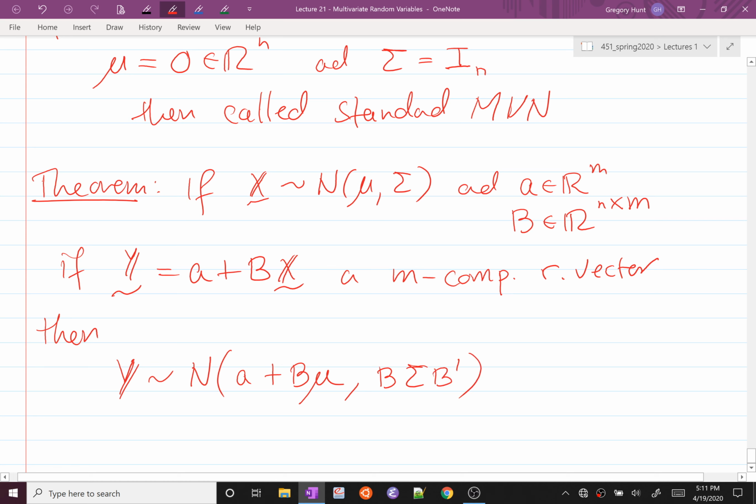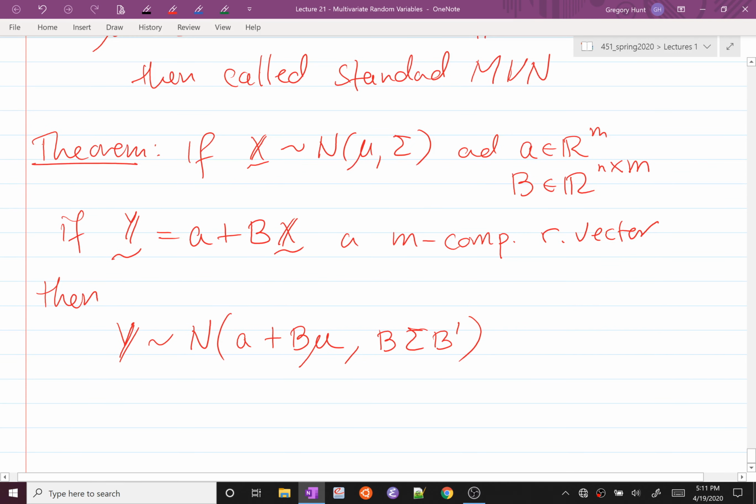This is a really nice theorem about linear transformations. Getting the mean and the covariance matrix is just applying our previous theorem. What this theorem is telling us is that linear transformations of multivariate normals are also multivariate normal.